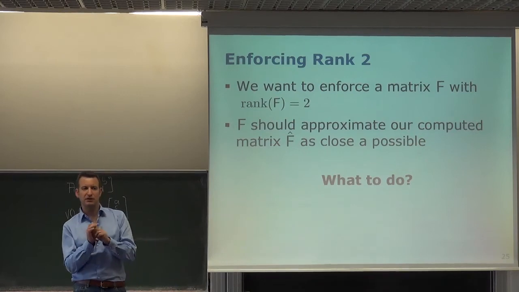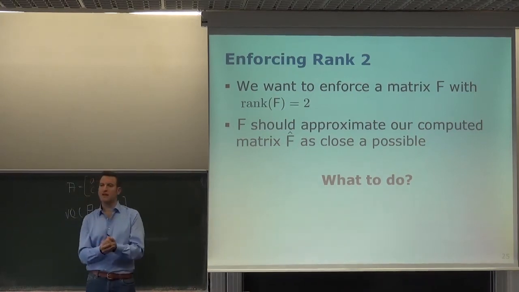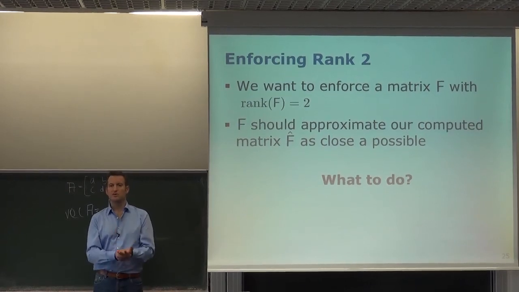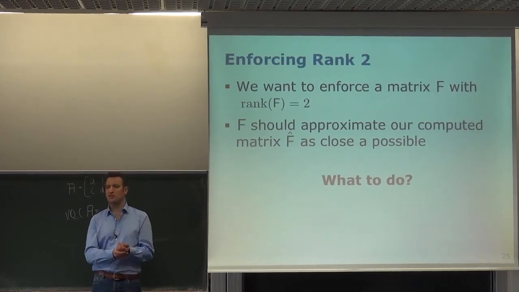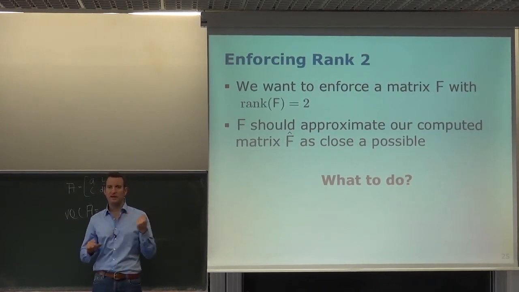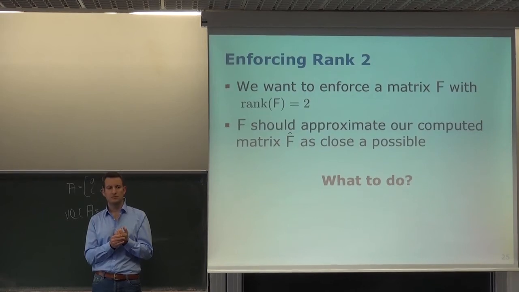So the idea is I have a matrix F which doesn't have rank 2. I want to turn it into a matrix which is as similar as possible to F, but has rank 2. What I can do is I can inspect the singular values, take the smallest one, and set the smallest one to 0.